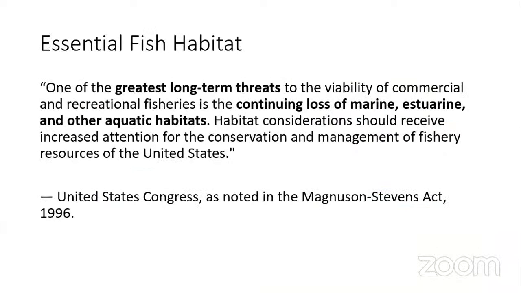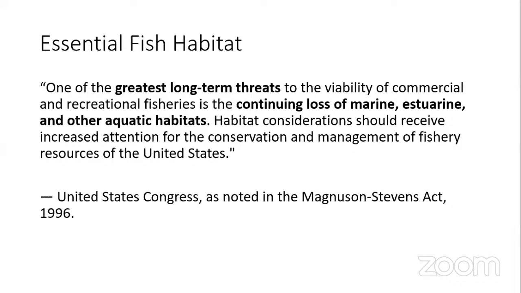So what we're mostly going to be talking about today is this idea about essential fish habitat and using this information to understand what it is. And this is from the US Magnuson-Stevens Act, the long established and generally regarded to be very effective bit of fisheries legislation.